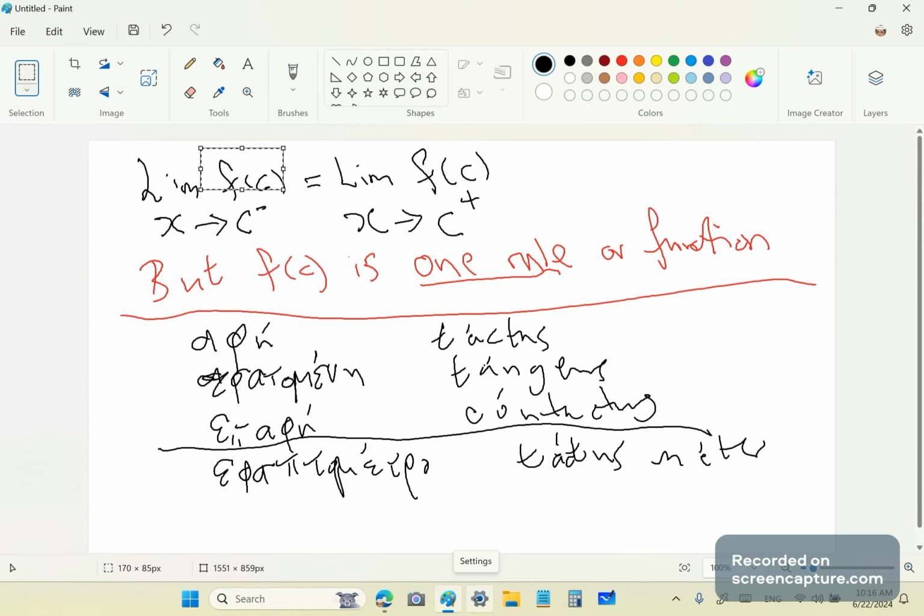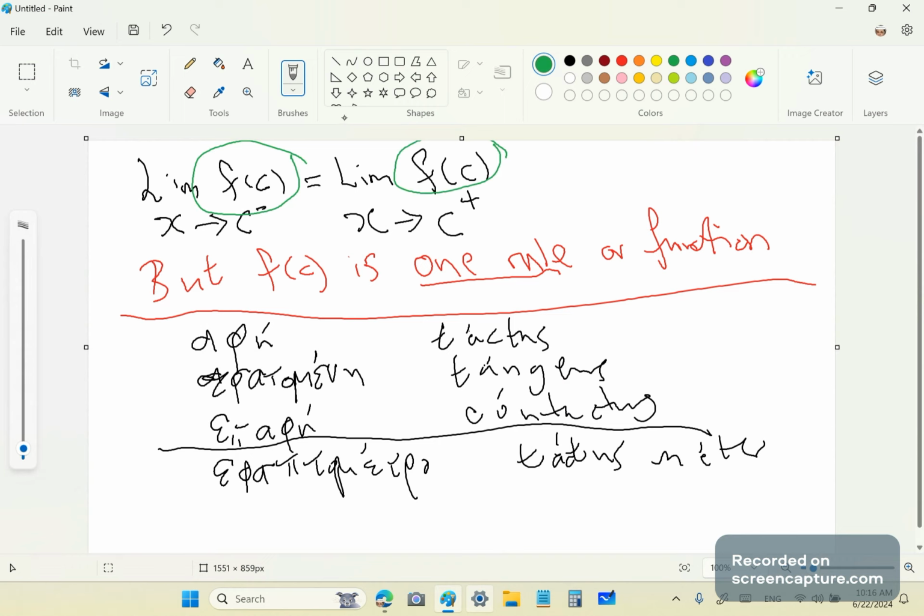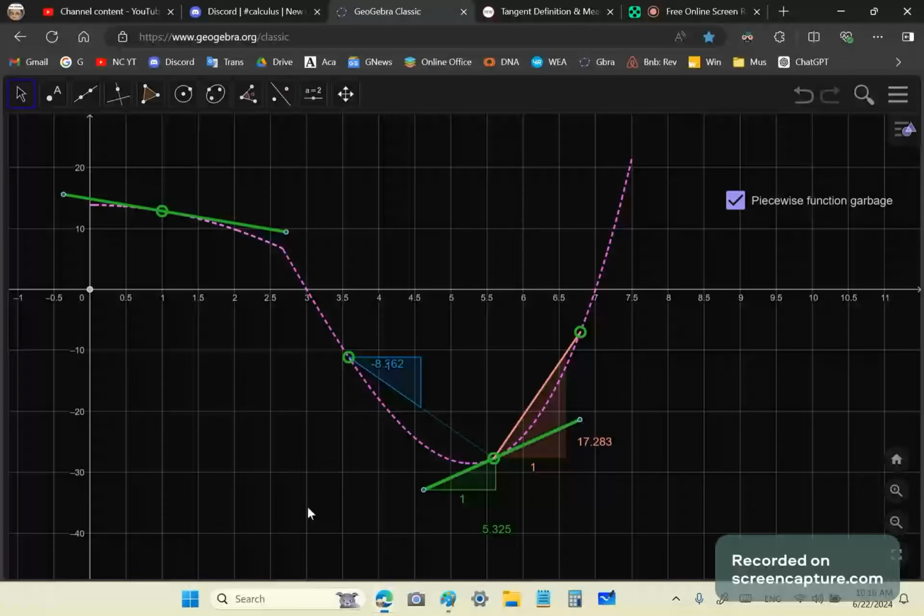So if you look at this here, you now have more than one rule, and you're looking at more than one function. This must be the same as this. Okay, but it's not. As you see over here in the graph, this section here is not the same function as this one here.